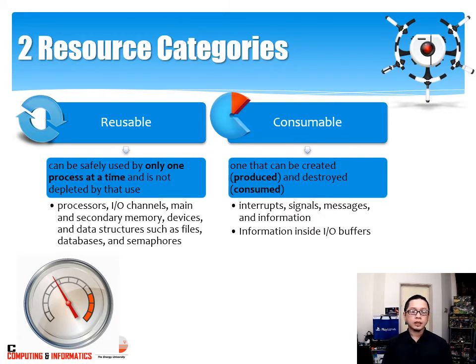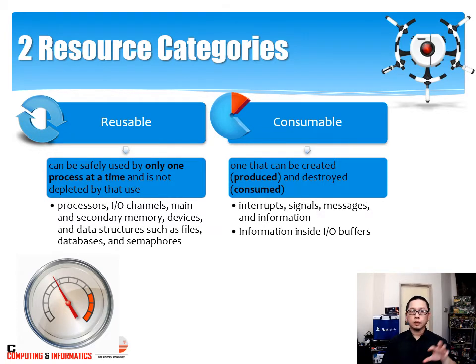But aside from the reusable resources such as processors, I/O channels, and secondary and main memory, we also have another type of resource: the consumable. Consumable usually means that we need some sort of user input, interrupt, or signal needed by a process in order for it to continue.